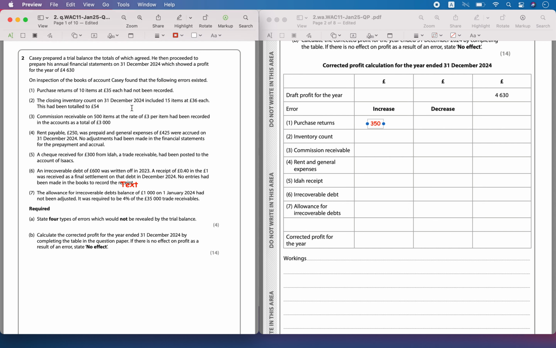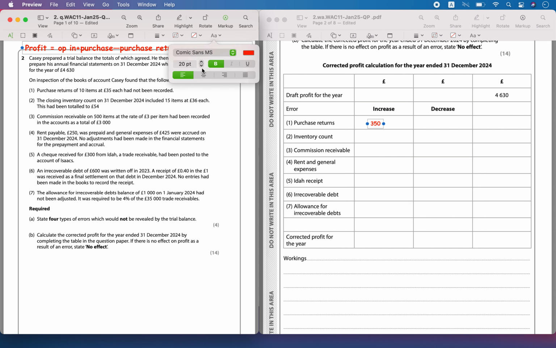So how are profit and purchase returns related? We know that cost of sales is equal to opening inventory plus purchases, minus purchase returns, minus closing inventory.